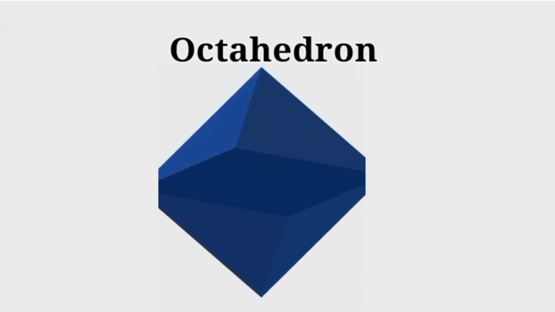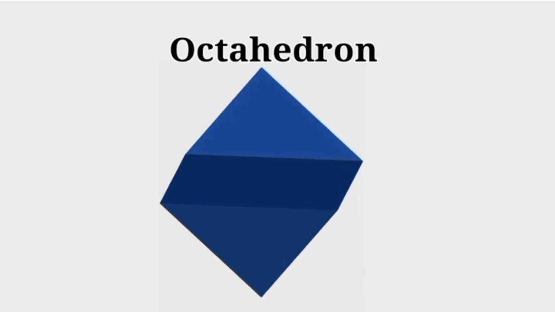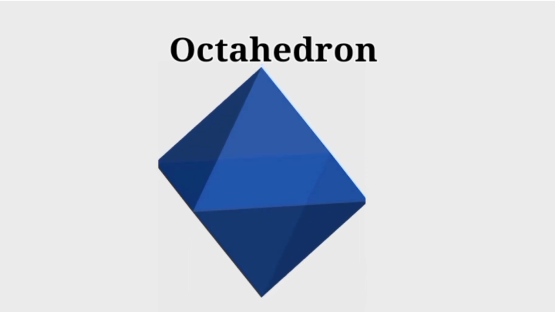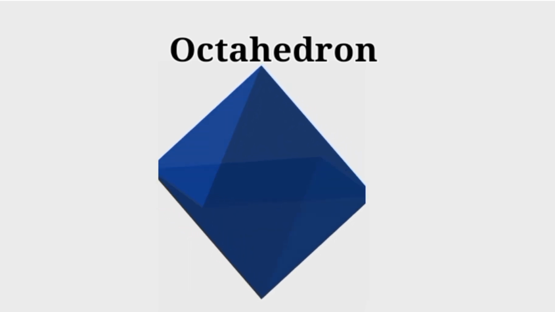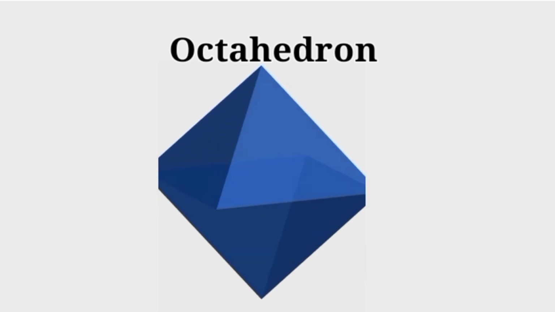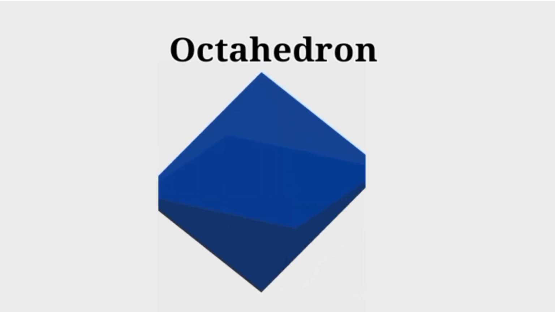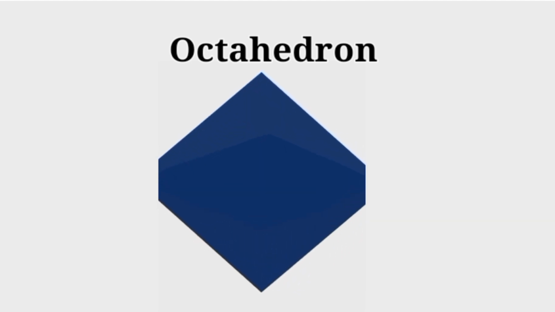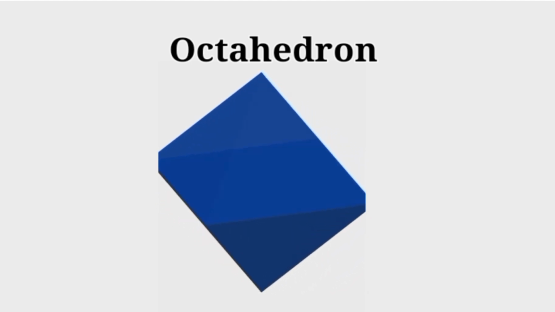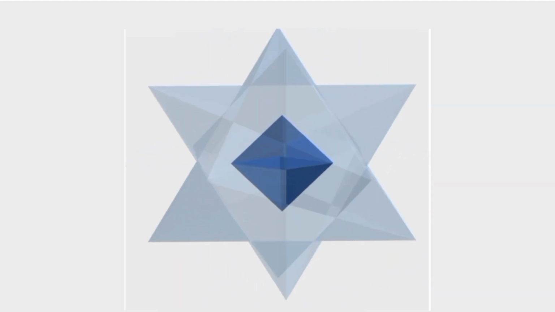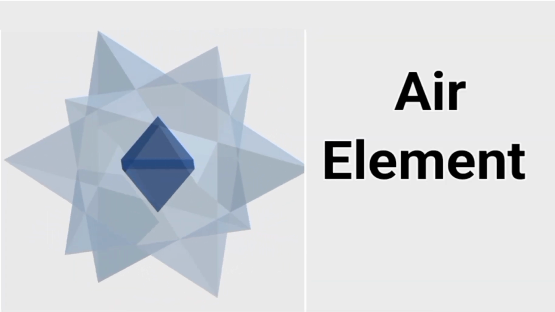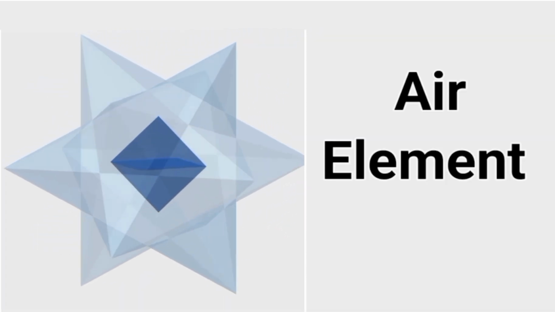Next is the beautiful octahedron, the diamond. Octahedron is a polyhedron made up of 8 equilateral triangles. It is also a double triangular pyramid joined together. It has 8 faces, 12 edges and 6 vertices. It is the cutest of all convex regular polyhedra. Octahedron represents the air element.